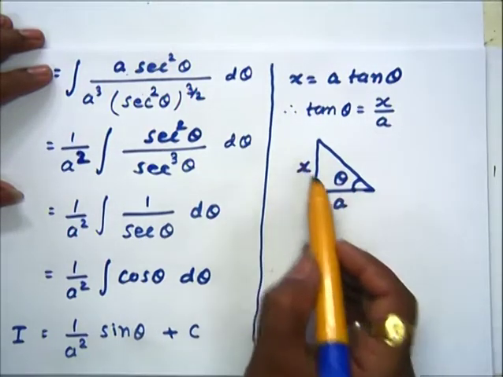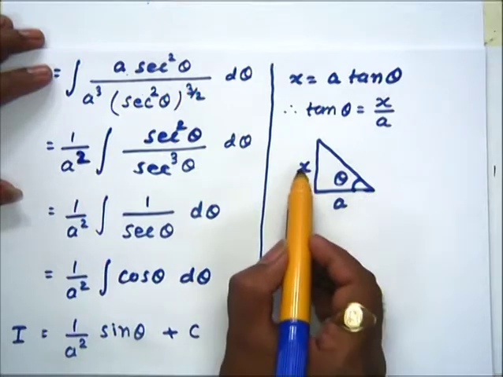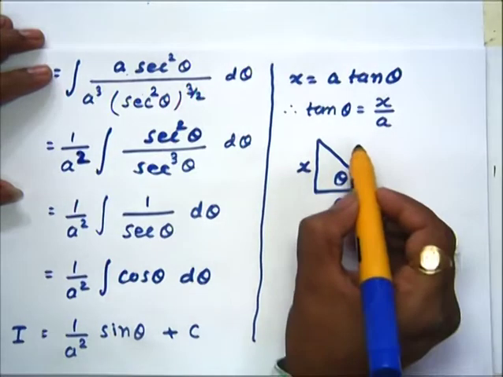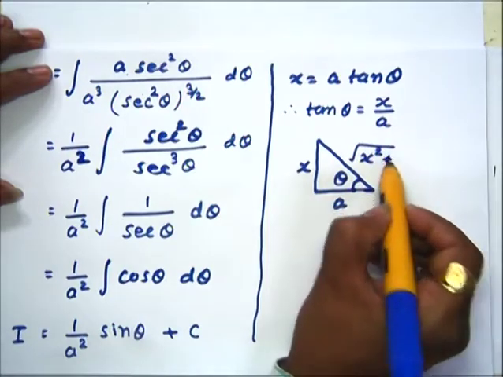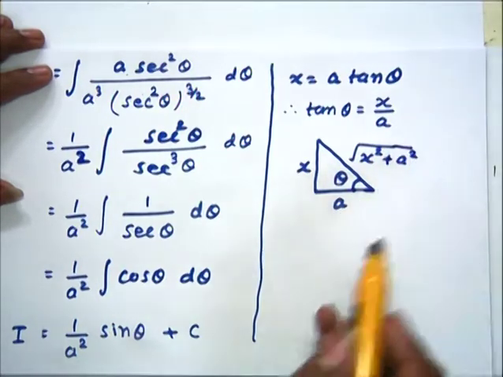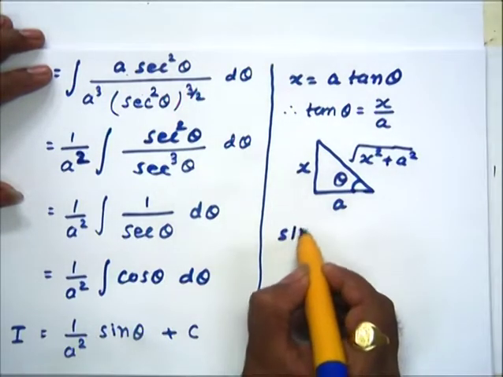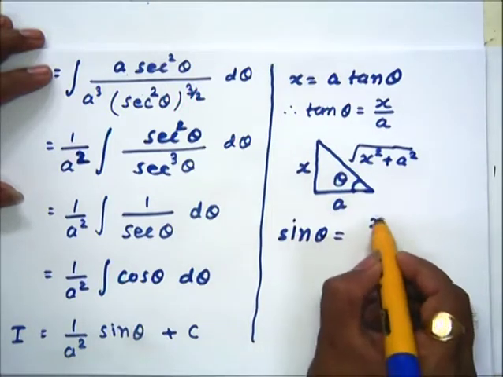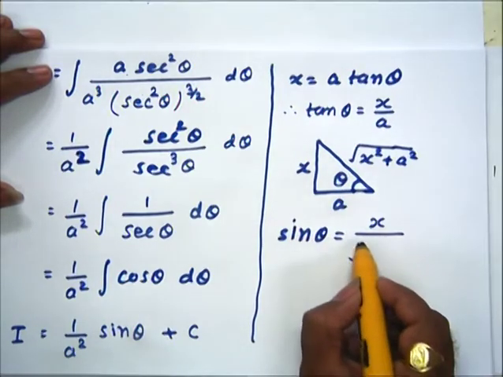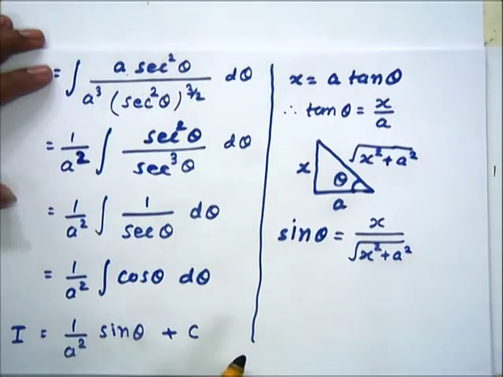Now in the right angle triangle, by Pythagoras theorem, this is x, this is a. The hypotenuse is square root x square plus a square. So from this we can write sine theta equal to x upon square root x square plus a square.